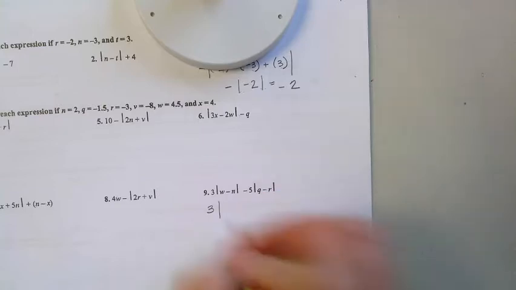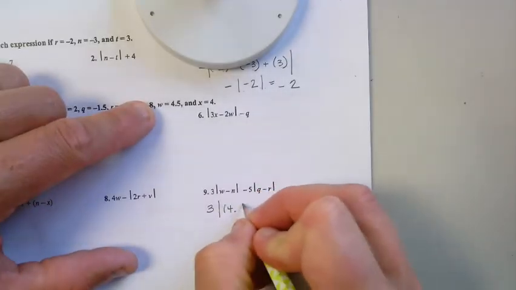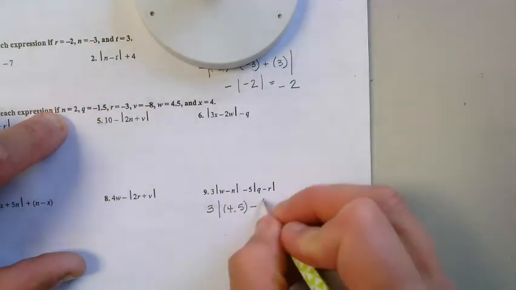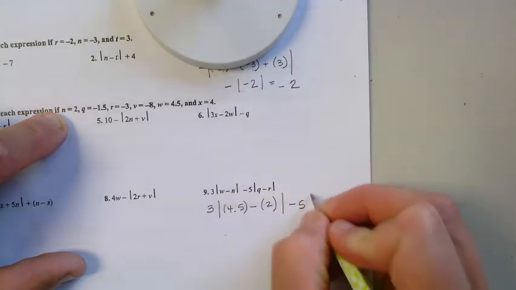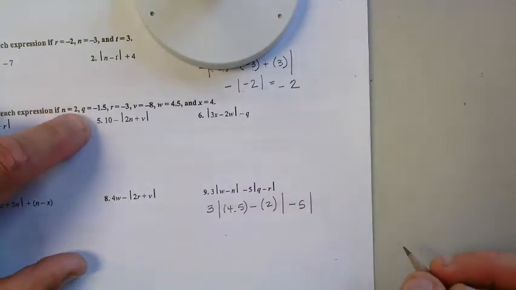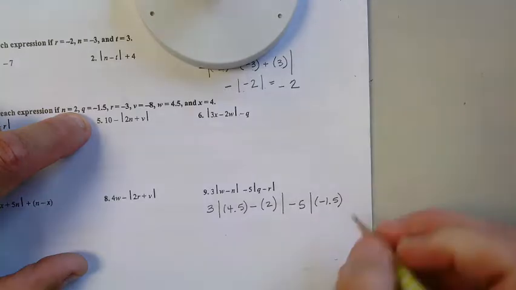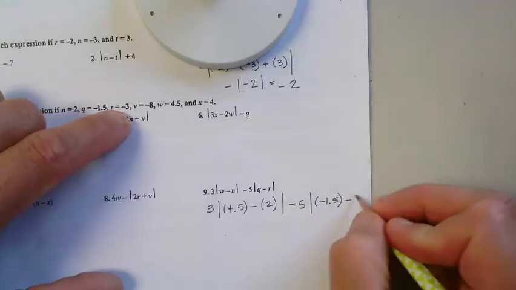So I'm going to do this: W, which is 4.5, minus n, which is 2, minus 5, absolute value. Then we have Q, which is -1.5, minus R, where's R at? R is -3.